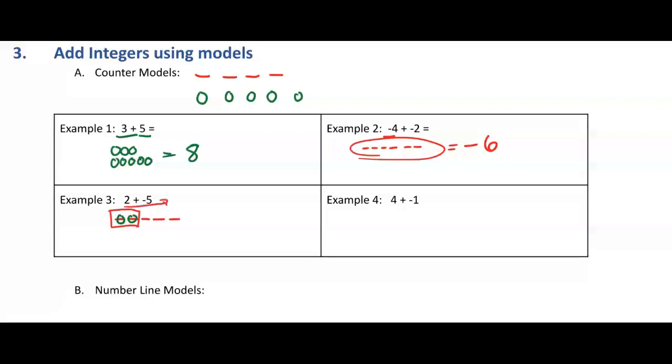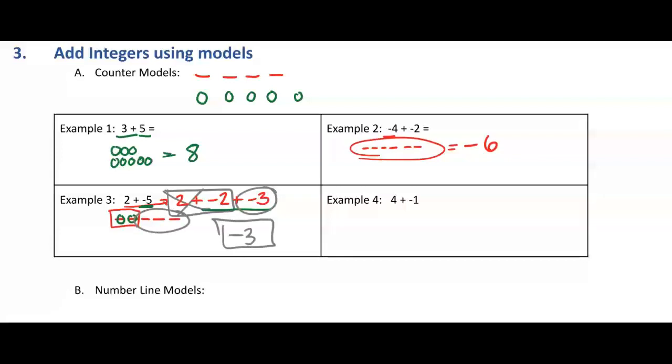I could think of this as rewriting this as 2 plus negative 2 plus negative 3, with negative 2 plus negative 3 being our negative 5. And then my positive 2 and my negative 2 cancel each other out, leaving me negative 3 remaining.